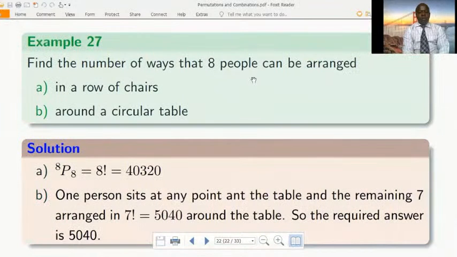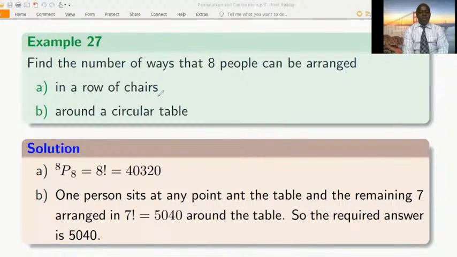Now, this is also an interesting question that I want you to understand: find the number of ways that 8 people can be arranged in a row of chairs. If they are arranged in a row of chairs, it means there is permutation. You have 8 people and 8 chairs.